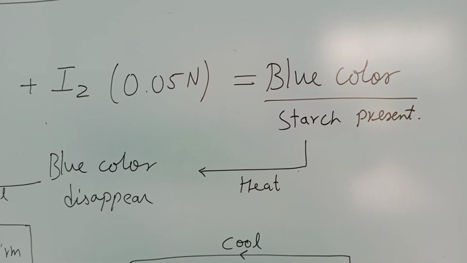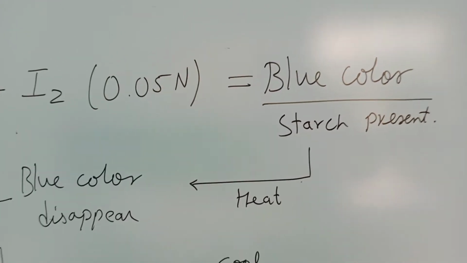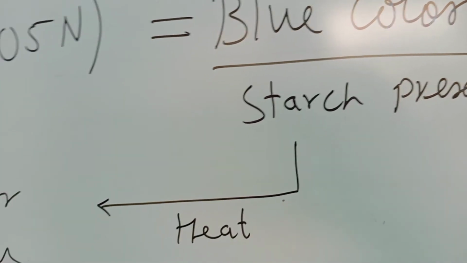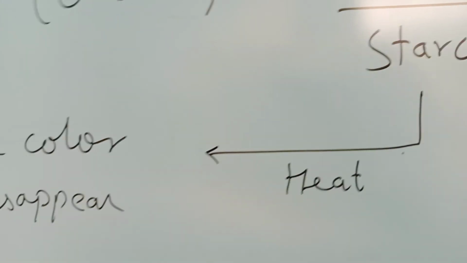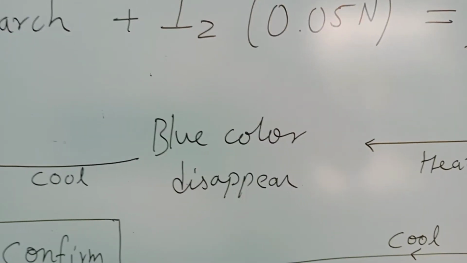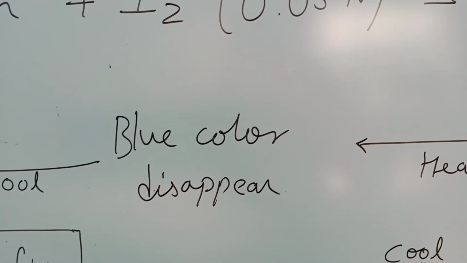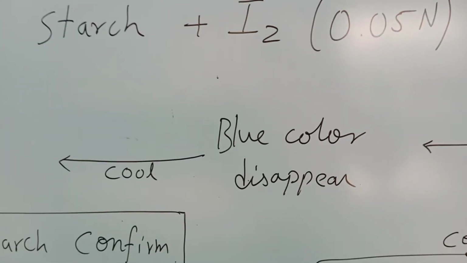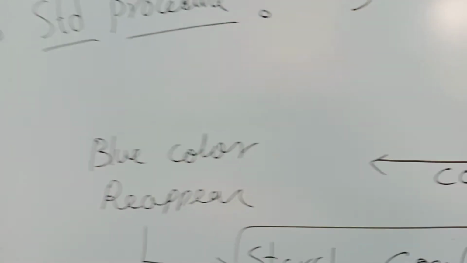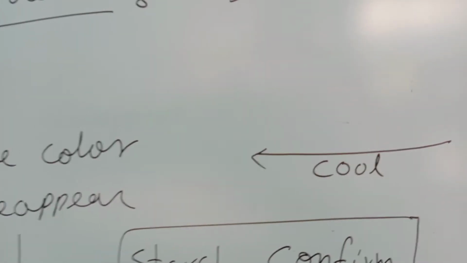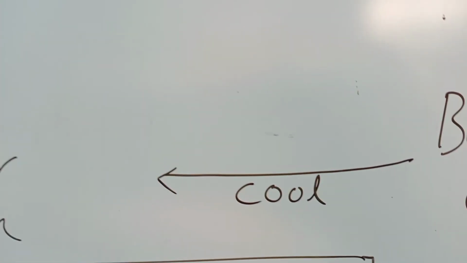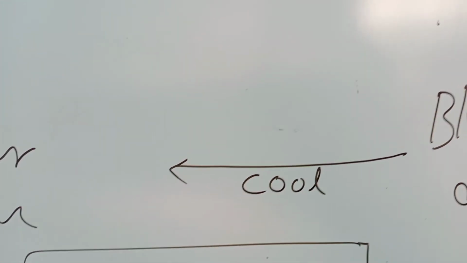When the test tube having the blue color, which indicates that our sample contains the starch, gets heated, the blue color disappears on heating, and the blue color reappears when the test tube gets cooled to room temperature.